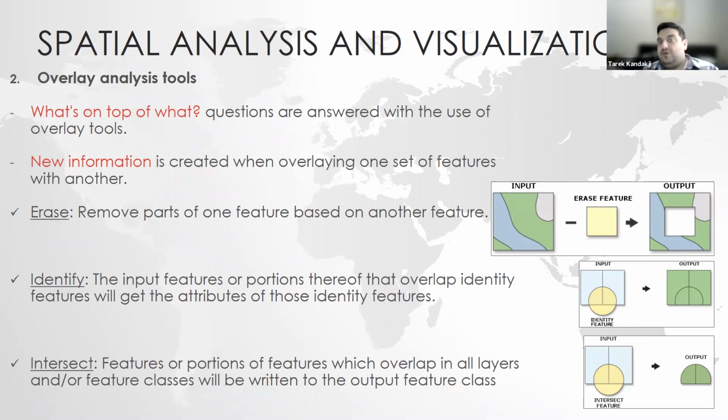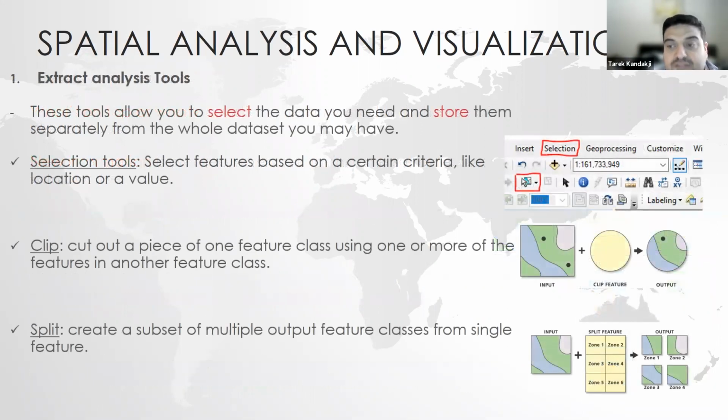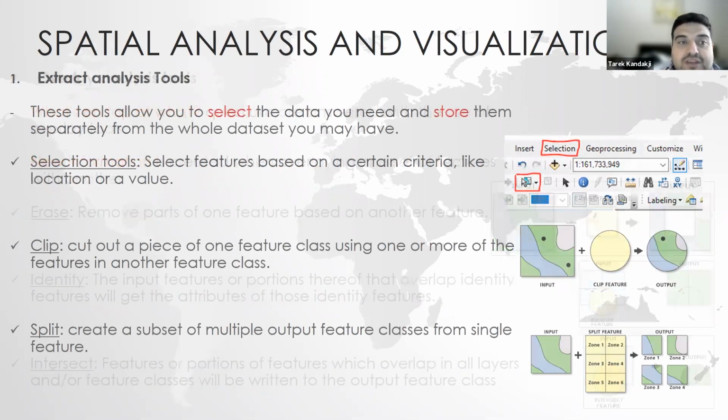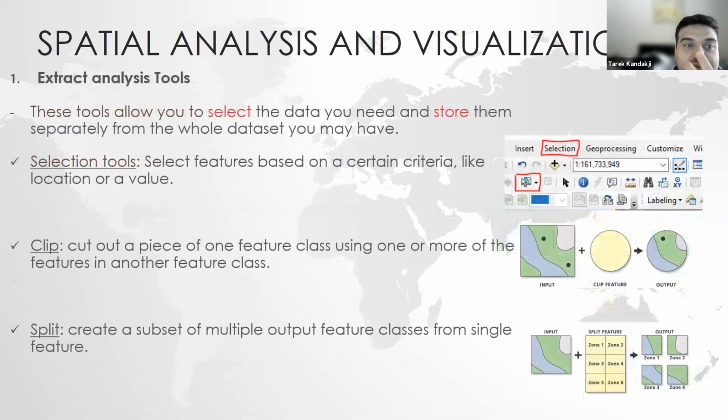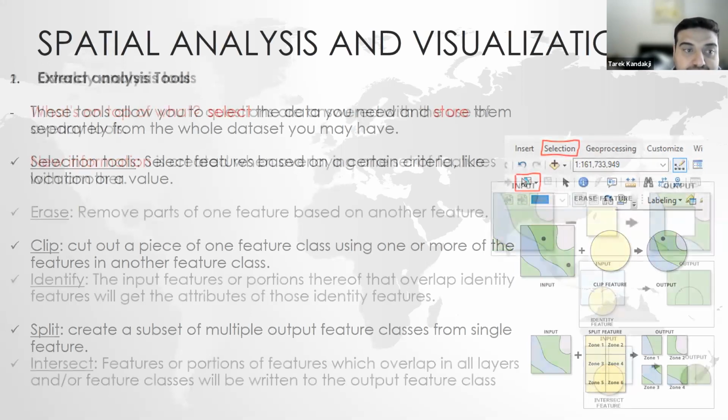Like you need to build more hospitals in those regions. So you don't care about the areas with high population, and you have that other feature. Then you overlay this over the input, the whole Egypt, and you erase it. And whatever is left will be the low population maps. By the way, the clip and the split also can be a part of the overlay analysis, but they more likely follow the selection tools.